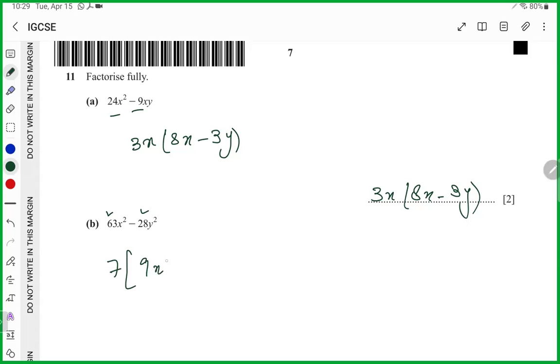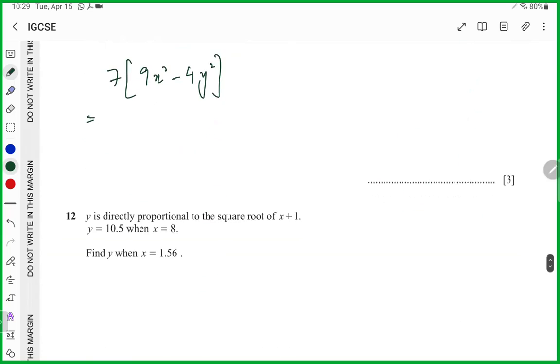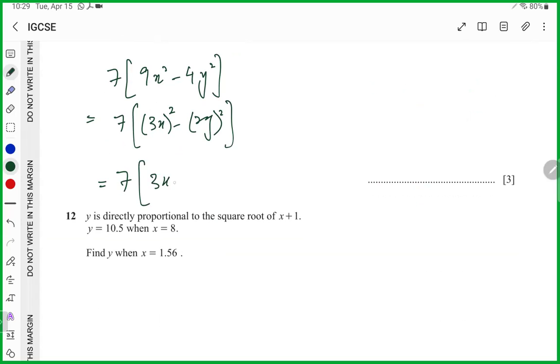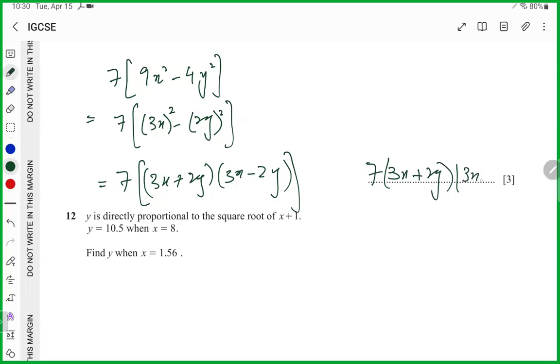So 7 nines are minus 7 fours are. You see, we can further simplify this as well. It is going to be 7, and this is going to be 3x square minus 2y square. So that is going to be 7 into 3x plus 2y into 3x minus 2y.